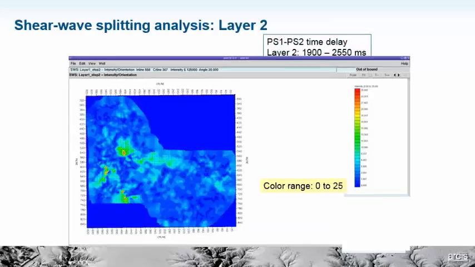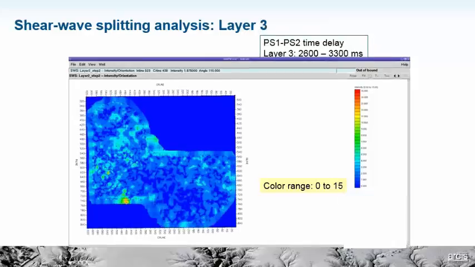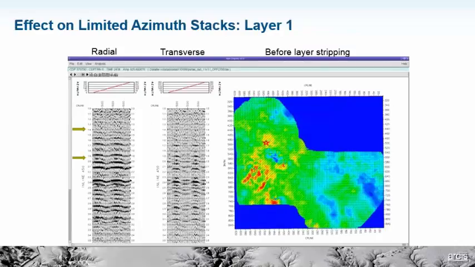Going down to the deeper layers, we get a smaller range in the total variation in intensity, but we still do get some variation spatially. So this is the type of maps that we routinely now generate, apply to the data, and deliver to our clients.